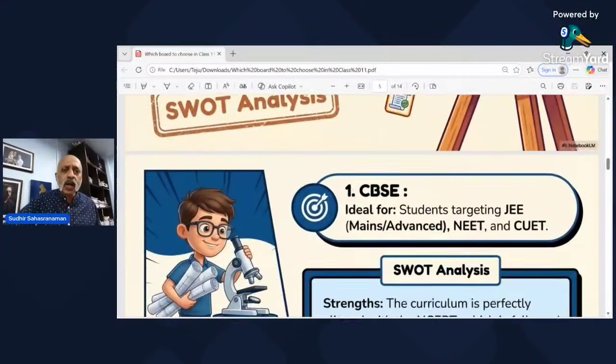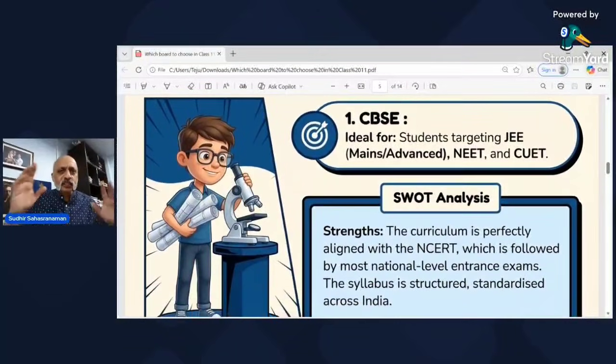So let's do a SWOT analysis. Let's first look at CBSE, right? CBSE, to put it very straight, is ideal for students targeting JEE and NEET and even CUET, for the simple reason that NCERT textbooks form the base for all these examinations. All three examinations: NEET, where you have the maximum number of students taking the examination, then comes CUET, and then comes JEE.